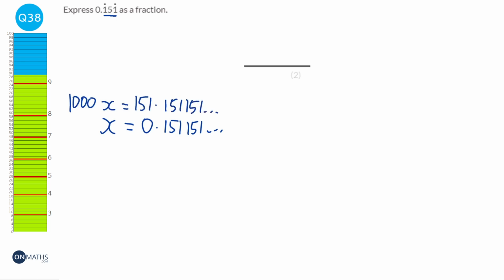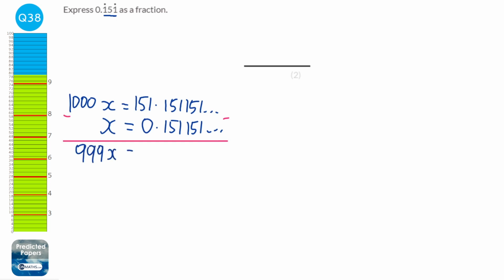151.151.151 blah blah blah. What we're going to do now is subtract, going downwards. So 1000x take away x would be 999x, and then 151.151.151, etc. take away 0.151.151, etc. will just be 151.